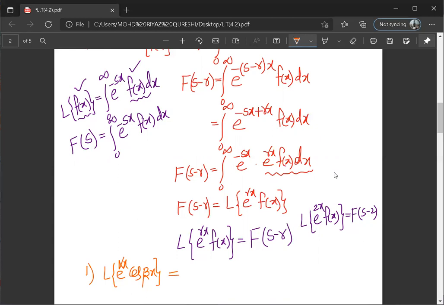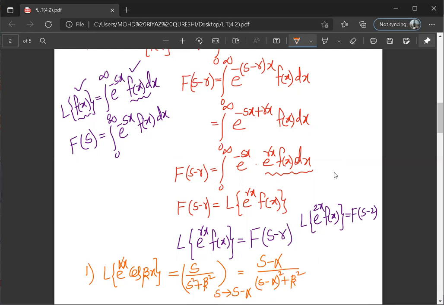Cos beta x is s by s square plus beta square. So whenever you multiply with e to the power of alpha x, in our answer s will change to s minus alpha. So then our answer will be s minus alpha divided by s minus alpha whole square plus beta square.